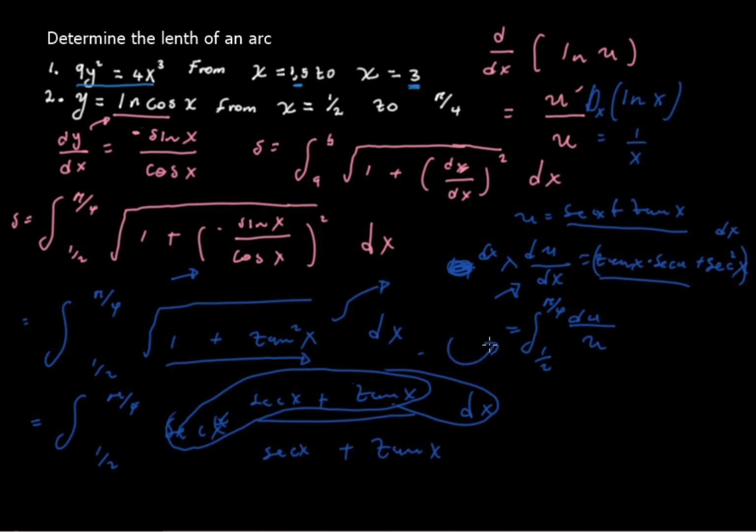We're going to do the same thing on this part over here, so you reverse it. It's going to be ln u, and then don't forget about these limits. It ranges from 1 over 2 to pi over 4. And don't forget about this u, that it equals this thing over here.